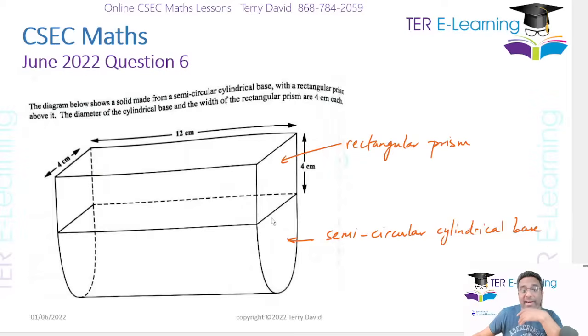I don't like how this diagram is drawn at all. They are telling me that this is a semicircle, so what that means is that the radius of my semicircle should be 2 cm. That's what they're trying to say here.